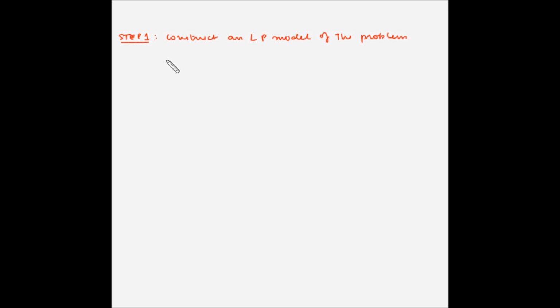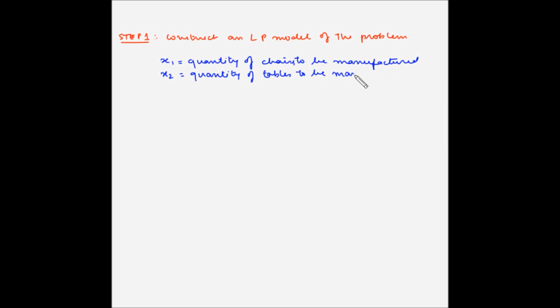So let's assume that X1 is the quantity of chair to be manufactured, and X2 is the quantity of tables to be manufactured.